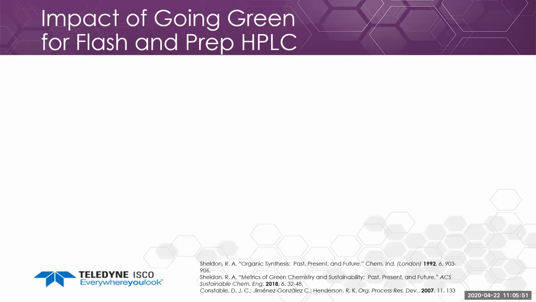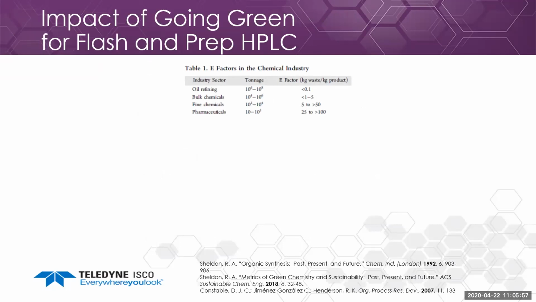The question is, on a small lab scale, what kind of impact can we have in helping chromatography go green for flash and prep chromatography? If we look at the E factors, which is the kilograms of waste per kilograms of product, for four different industry sectors here: oil refining, bulk chemicals, fine chemicals, and pharmaceuticals.